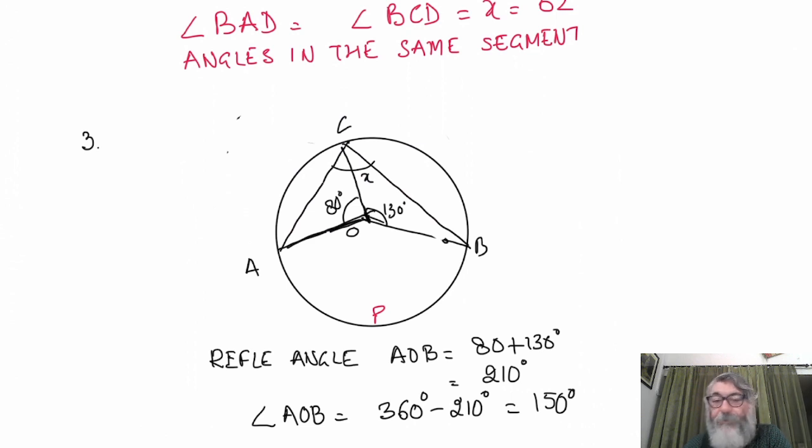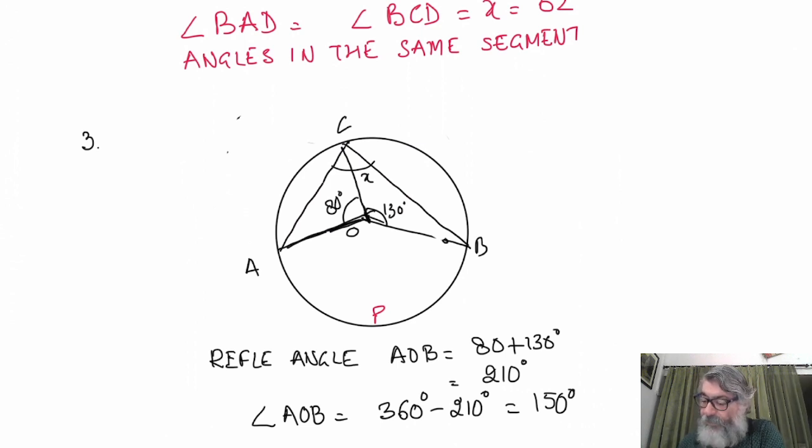And the same arc APB will subtend angle ACB at the remaining part of the circumference. X is the angle which is formed at the remaining part of the circumference.